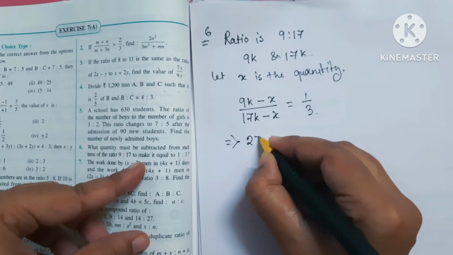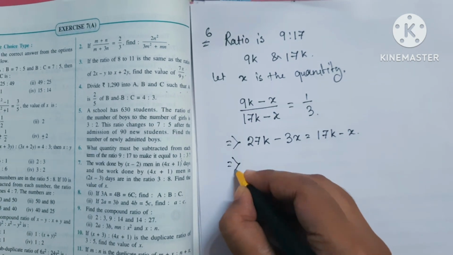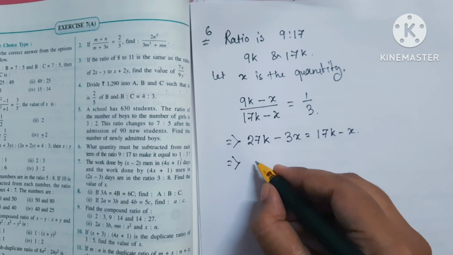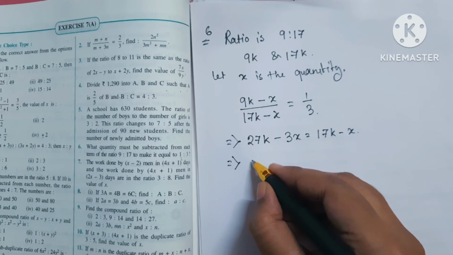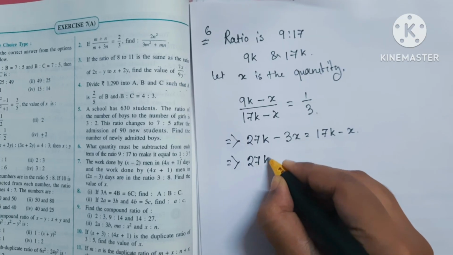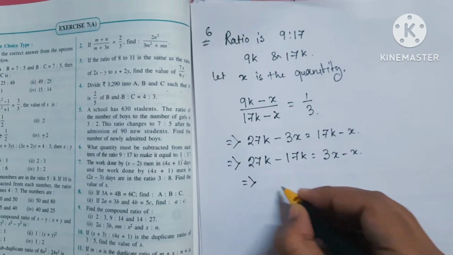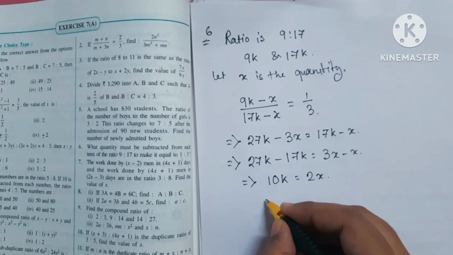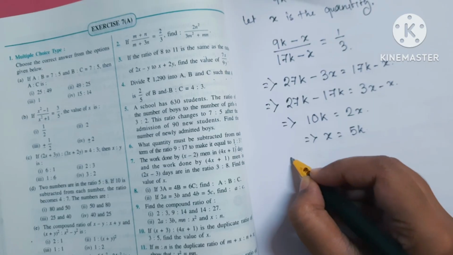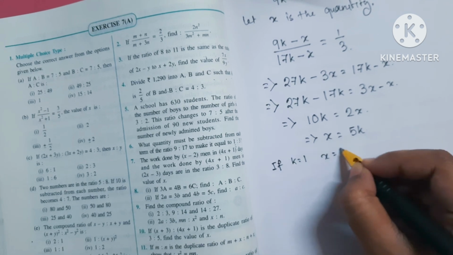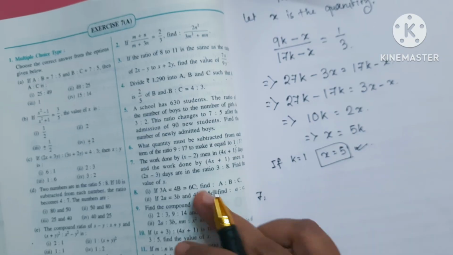So now by cross multiplication you will get, okay, now 27k minus 17k, that will give you 10k, and 3x minus x. So x will be 5k. Now if you take k equal to 1, that means x equal to 5.